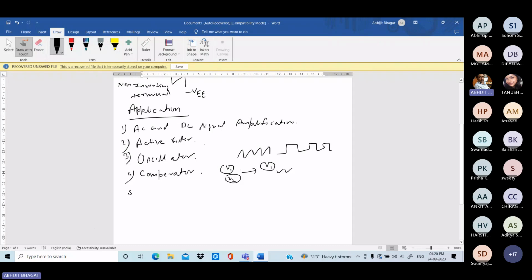Next application is that the op-amp is also used for designing the voltage regulator circuit. What is a voltage regulator?